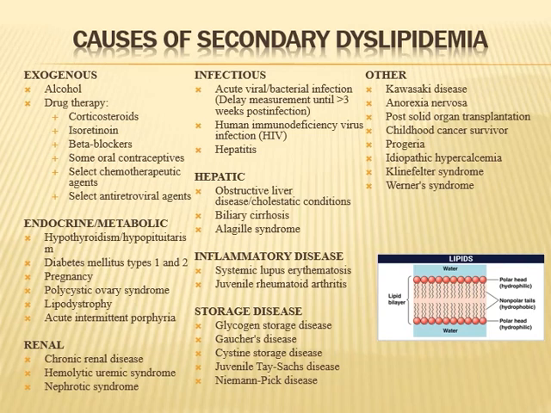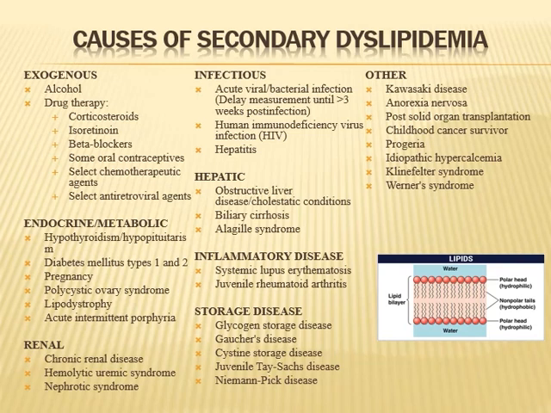Infections: acute viral or bacterial infection, human immunodeficiency virus infection, hepatitis. Hepatic: obstructive liver disease or cholestatic conditions, biliary cirrhosis, Alagille syndrome. Inflammatory disease: systemic lupus erythematosus, juvenile rheumatoid arthritis.